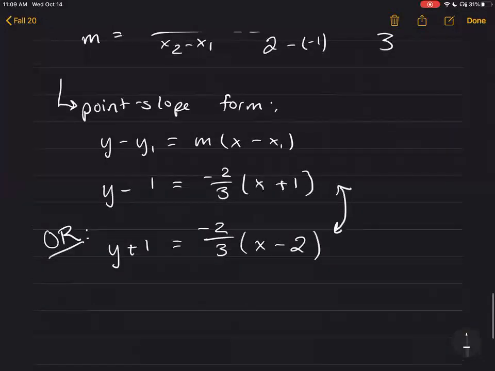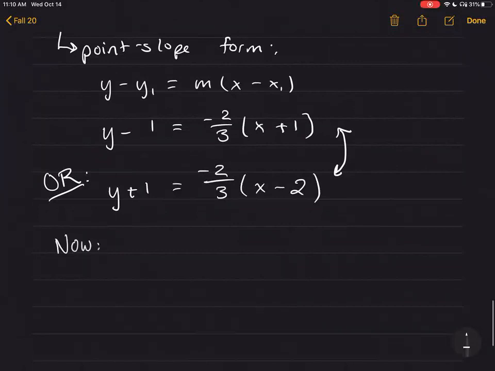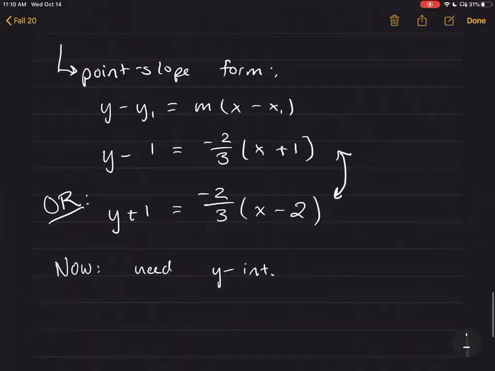So that was point-slope form, but next we need to do slope-intercept form. Now we need the y-intercept. If you remember from our previous section, to find the y-intercept we can use these equations we came up with, and set x equal to 0. I'm going to pick this one, y minus 1 equals -2/3 times (x plus 1).